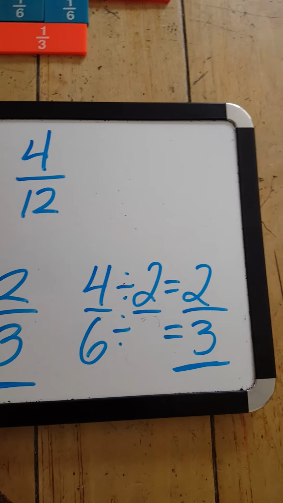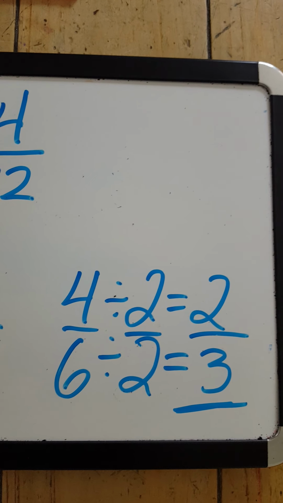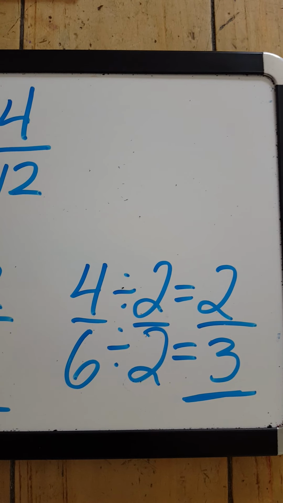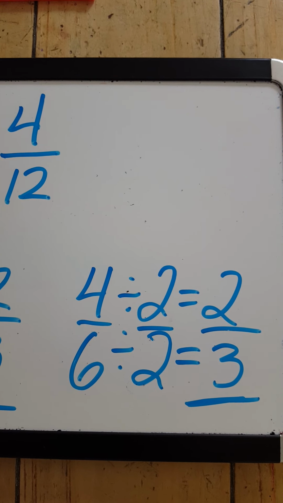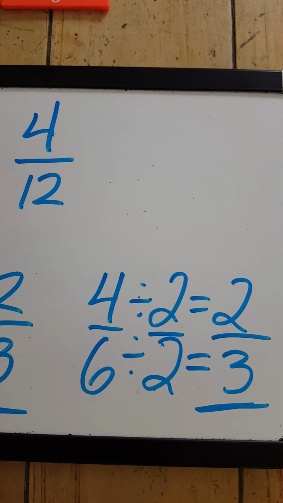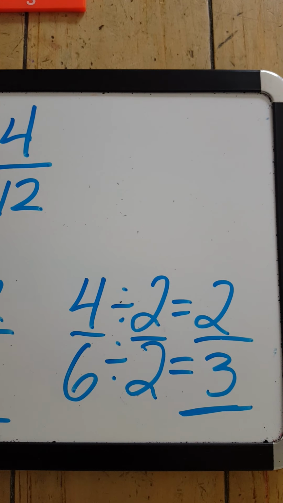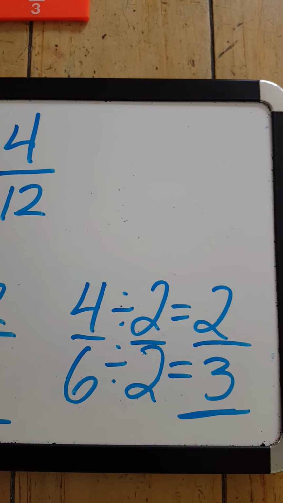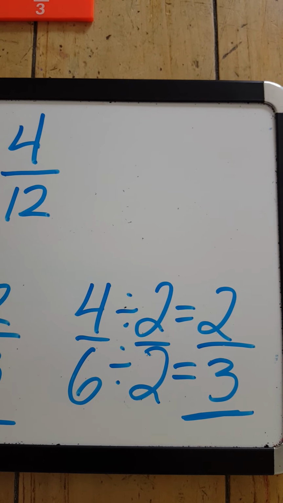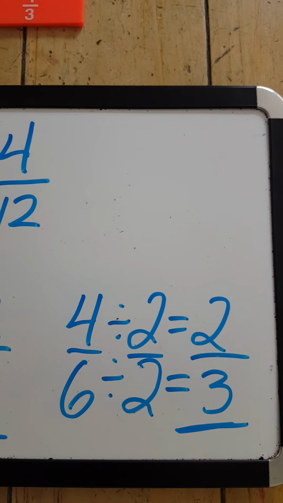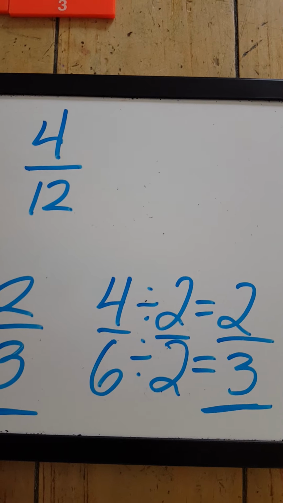Let me put that 2 back in there so you can see it. Okay, so that's another strategy for you to find the simplest form. You find the divisor that can go into both parts of the fraction, the numerator and the denominator, equally. Okay, and you shrink it down till you can't shrink it anymore, and that's the simplest form.